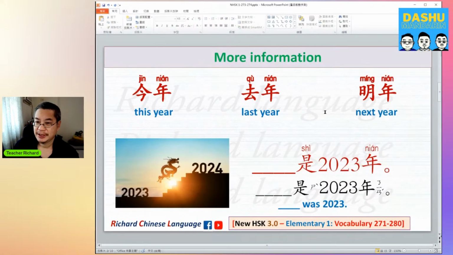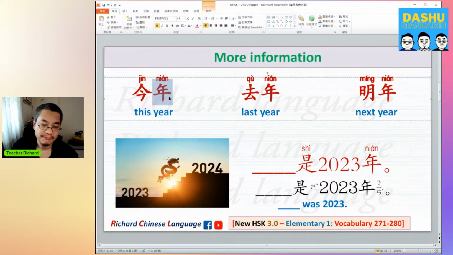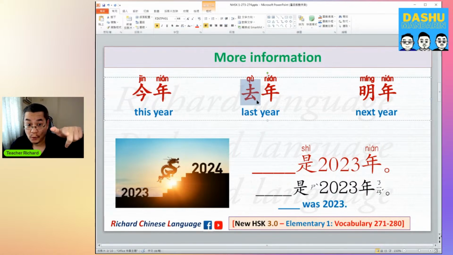So more information about nián. For example, 今年, this year. 今 actually means now or today. So 今年 is like today's year. 去 means go.